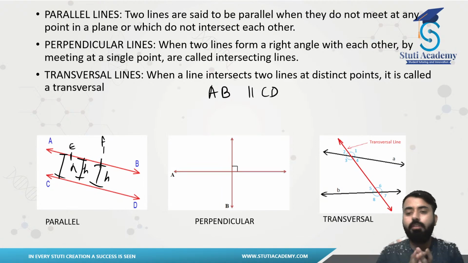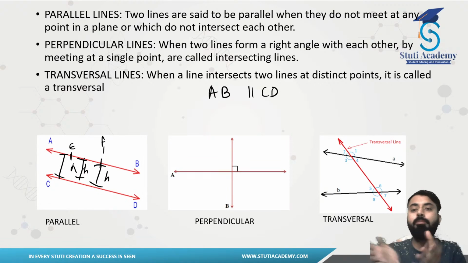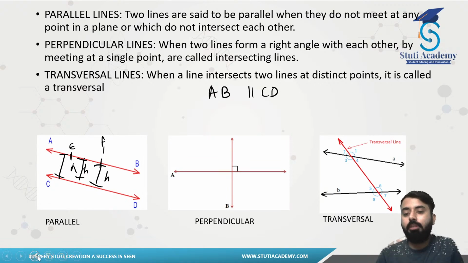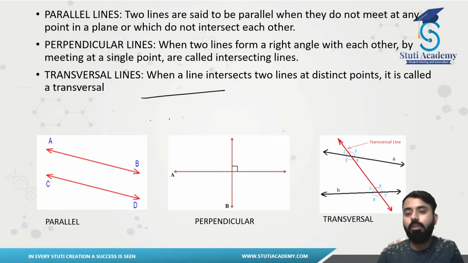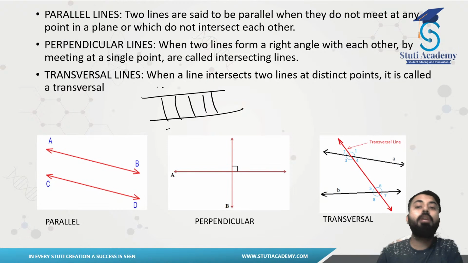A common example of those will be your railway tracks. You see railway tracks are parallel to each other, they never meet. Even the distance between the tracks is the same at any given point. So that will be an example of parallel lines. Now you can take an example of roads also. If I just point out two objects right here, considering the distance is the same, they will also be parallel.